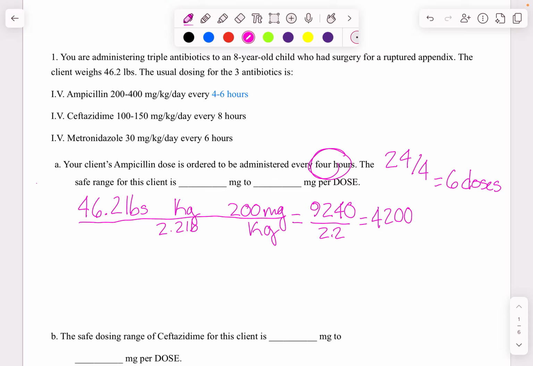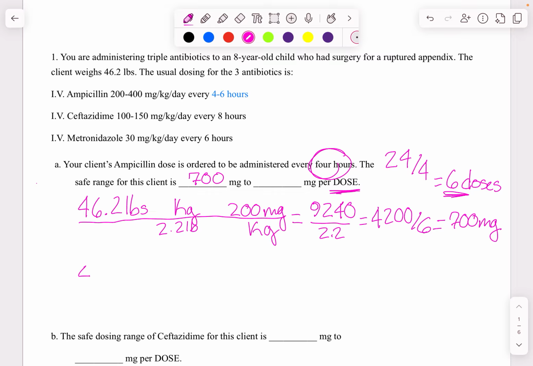And then we're going to take this 4,200 because that would be per day. But we want per dose. So we're going to divide this by 6. And that will give us 700 milligrams. So that is our low end of safety per dose.